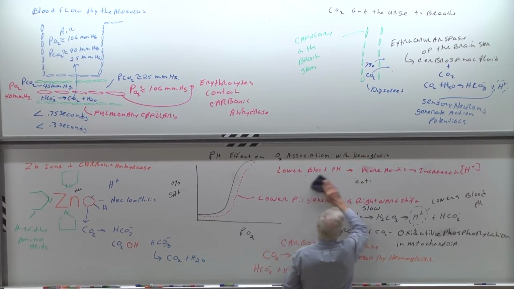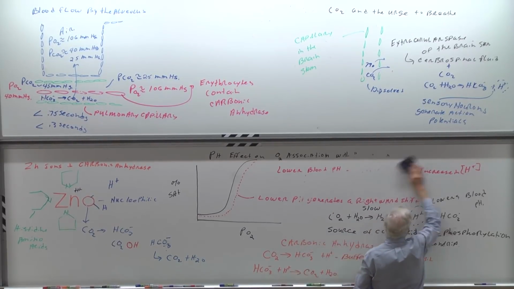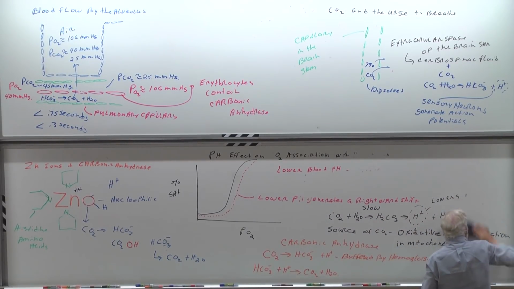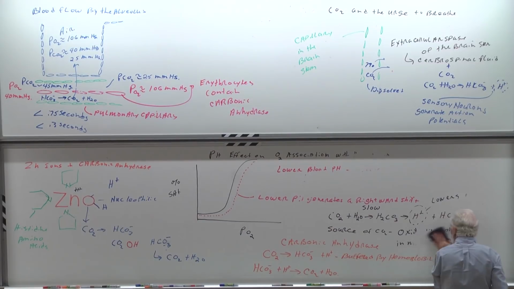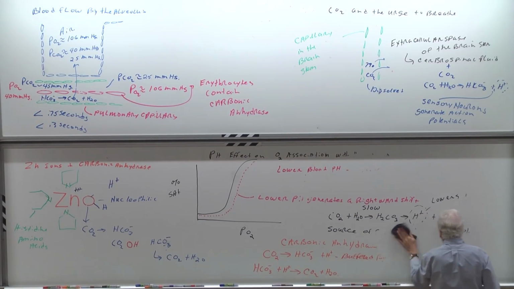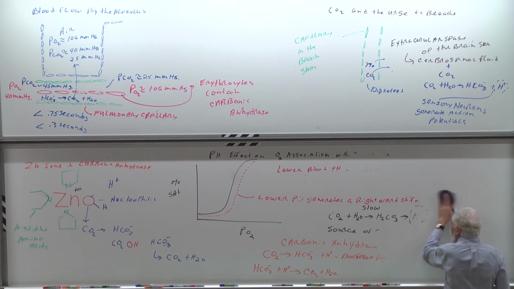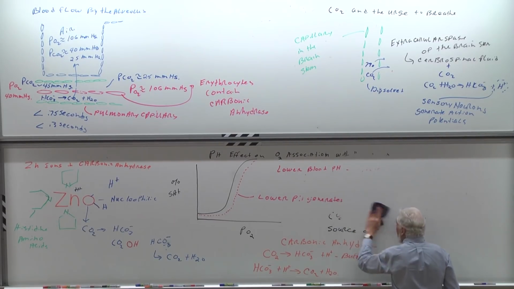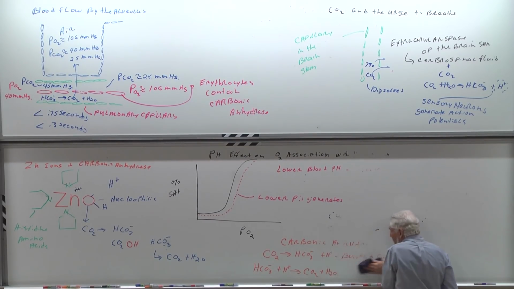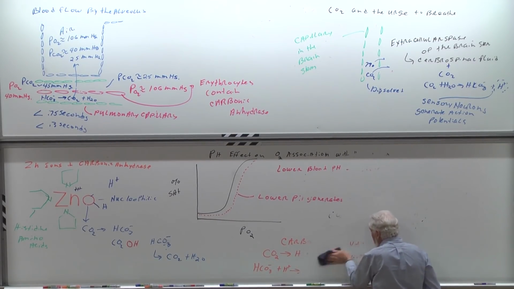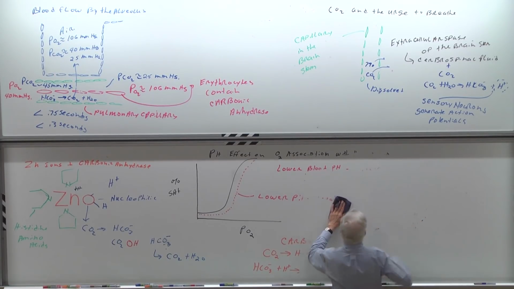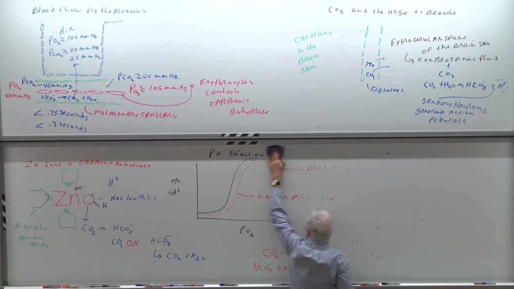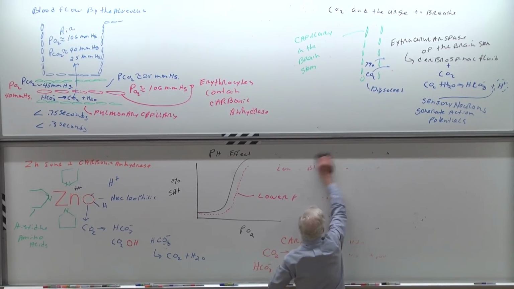And here what we're going to start talking about are the chemoreceptors, the peripheral chemoreceptors for carbon dioxide and for oxygen. So in the upper panel, we talked about the central effects, but here we're going to talk about the peripheral effects.